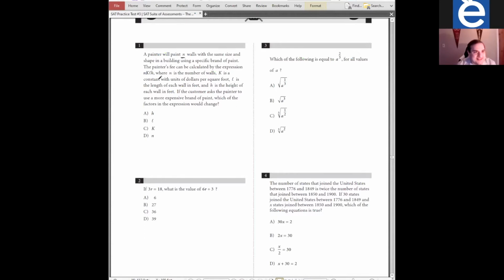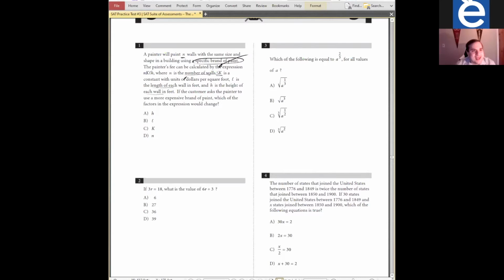So it says K is a constant. So yeah, if you take a look at this, now it says N is the number of walls, L is the length of the wall, and H is the height of each wall. Now, in the original equation, it was a given that we were using a specific brand of paint, which is why K was the constant.